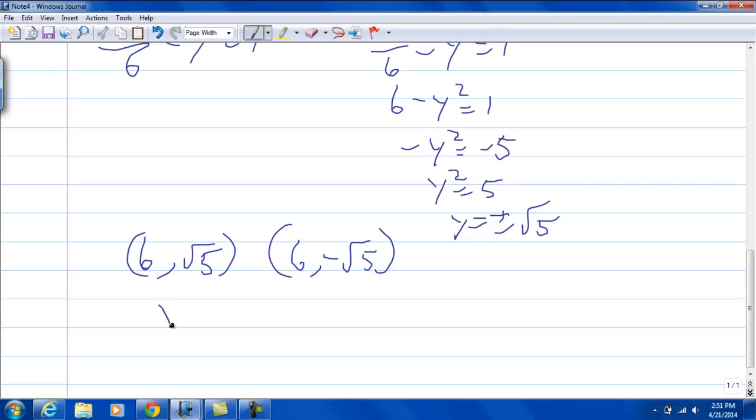Going back to our y prime, it's going to be x over 6y. So y prime is 6 over 6 times the square root of 5, plus or minus in this fraction.